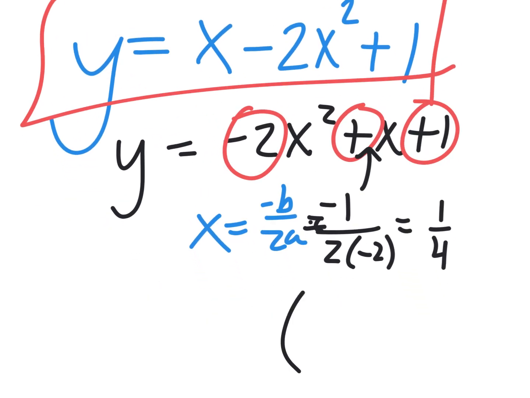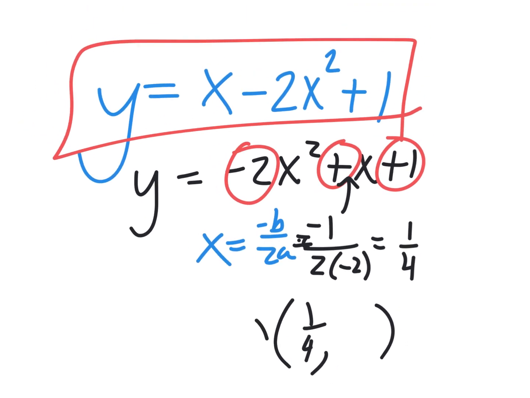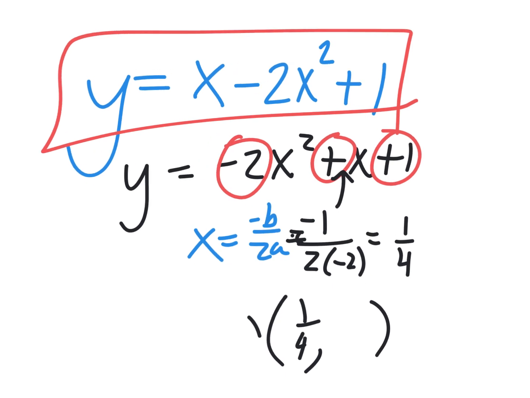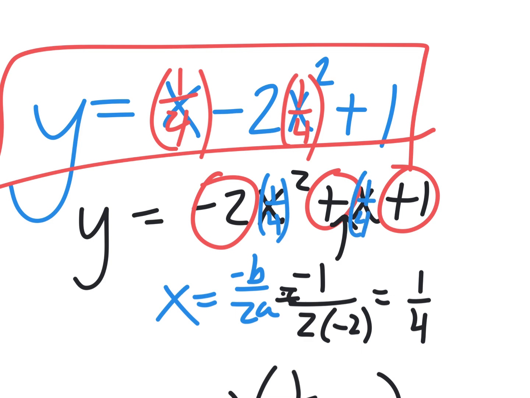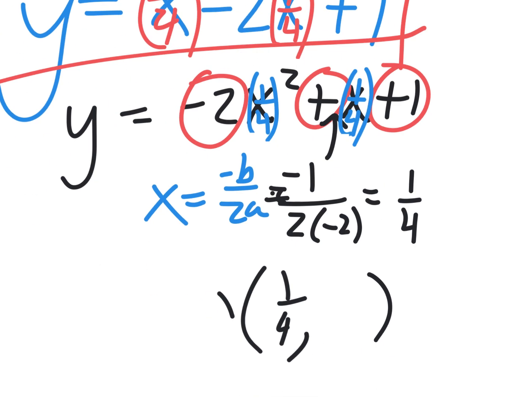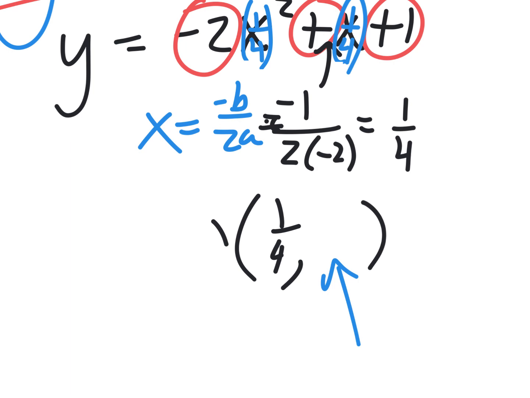So my vertex on this one would be nasty because I got to put a 1/4 in the equation. But it's not impossible. You put a 1/4 in here or here. And then you simplify it down and you figure out what y is.